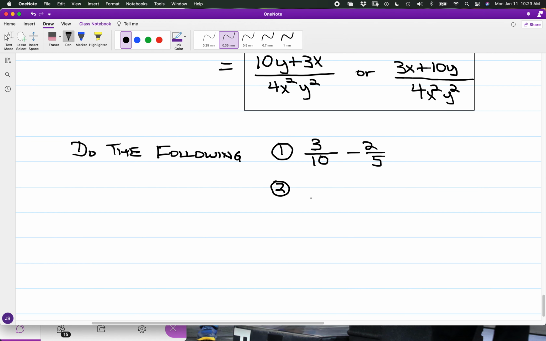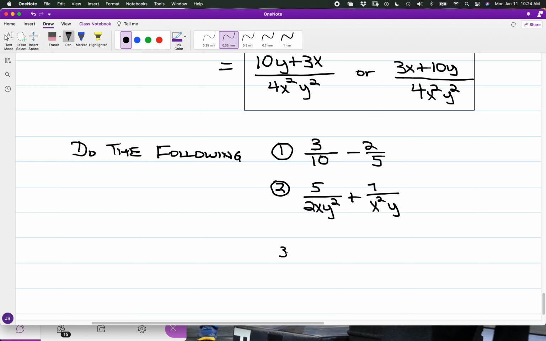And second, we have 5 over 2xy squared plus 7 over x squared y.